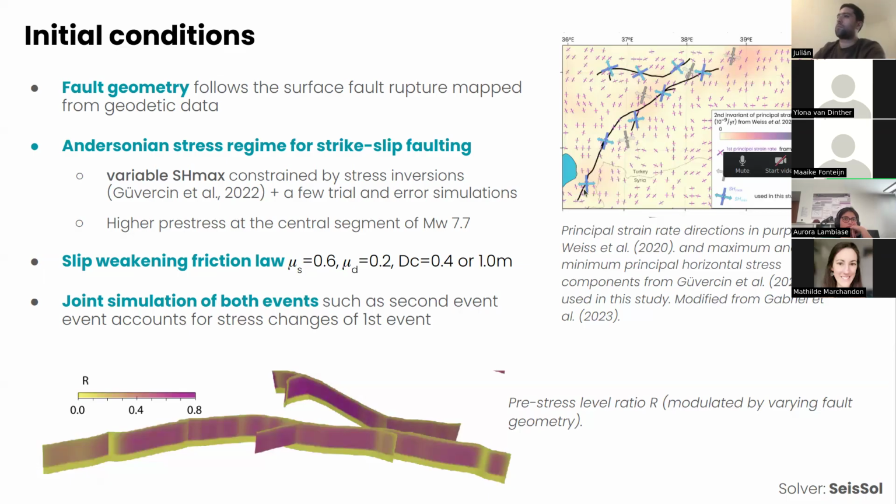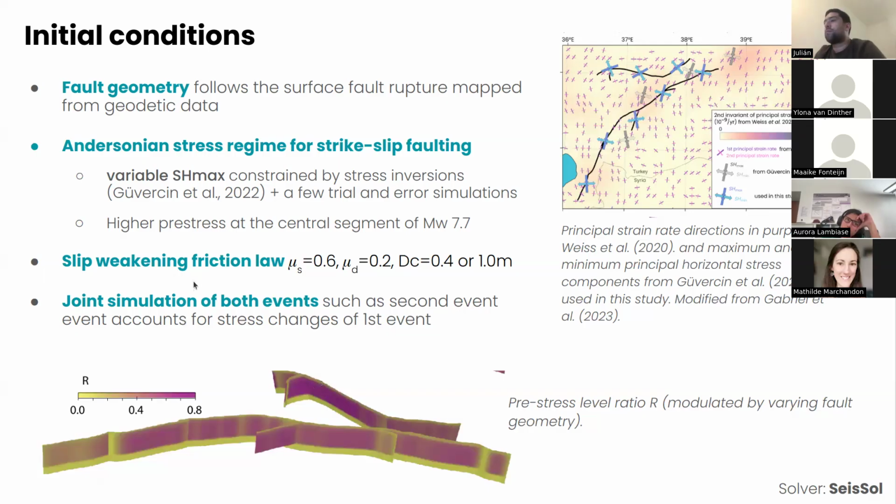Here on the figure, in blue, you can see the SHmax and SHmin used in our simulation. We use a relatively constant pre-stress level within the medium, except along the central segment of the second event, to better match the magnitude of the earthquake.